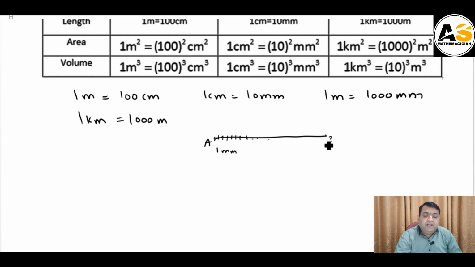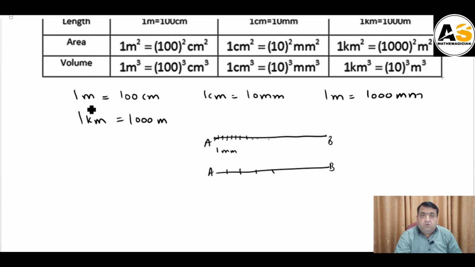If this is 1 meter, its 1000th part will be a millimeter, and if I divide it into 100 equal parts, each part will be equal to 1 centimeter. So 1 meter is equal to 100 centimeters.